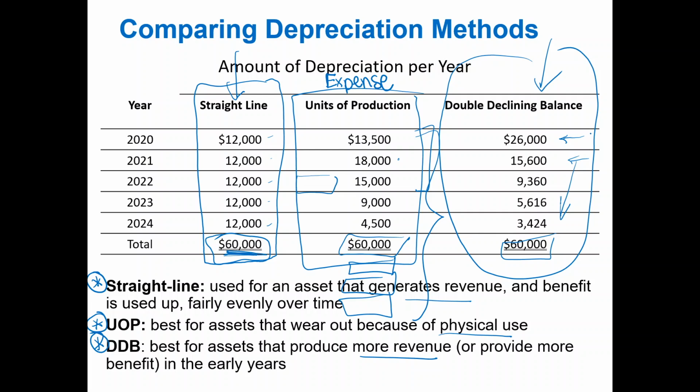So we're matching the expense to either the revenue or the benefit used. If that's more in the first few years, then we want this expense to be higher, and then it just drops as time goes on. So it's important to know how you do these and when you would choose to use each of these methods. Okay, so that's how we record and calculate amortization.